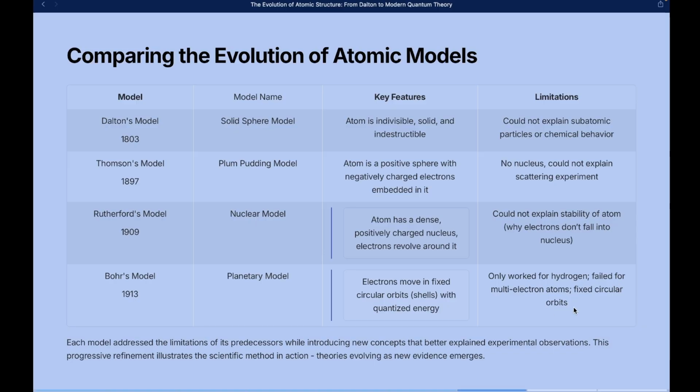So each model helped correct the flaws of the previous one and brought us a step closer to understanding the true nature of the atom. So that was a quick journey through the evolution of atomic models from Dalton to Bohr, each one improving our understanding of the atom.